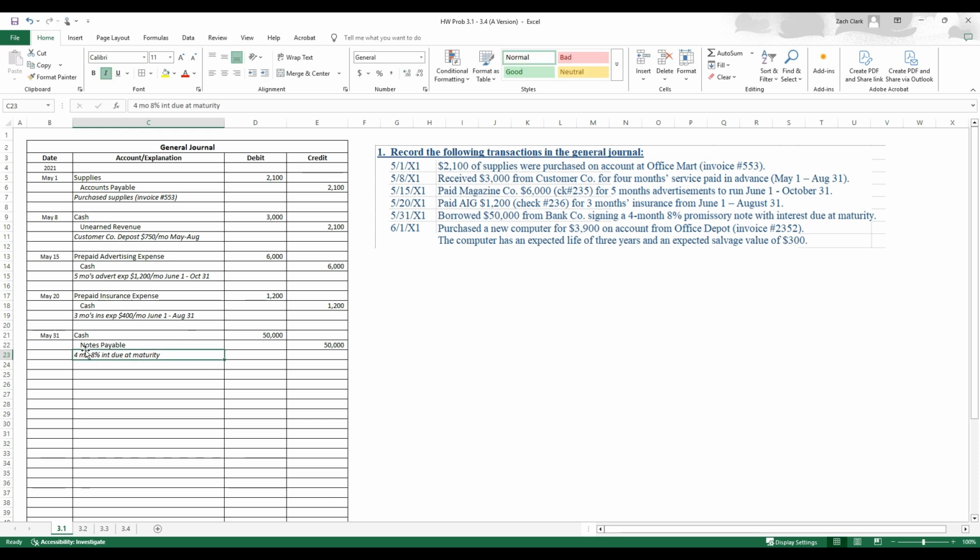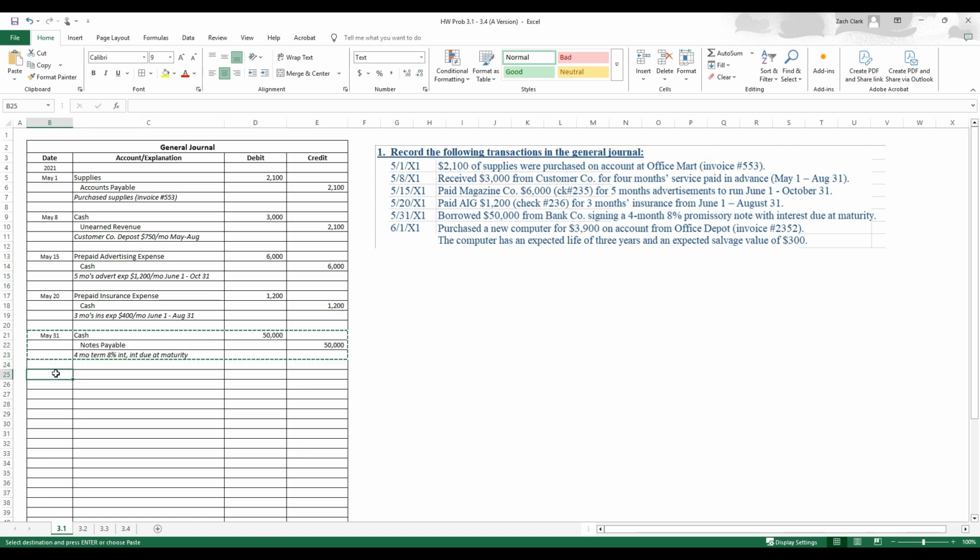So we've got 4-month term, we'll just say. It's 8% interest annually, and let's say interest due at maturity. So assets up, liabilities up here.